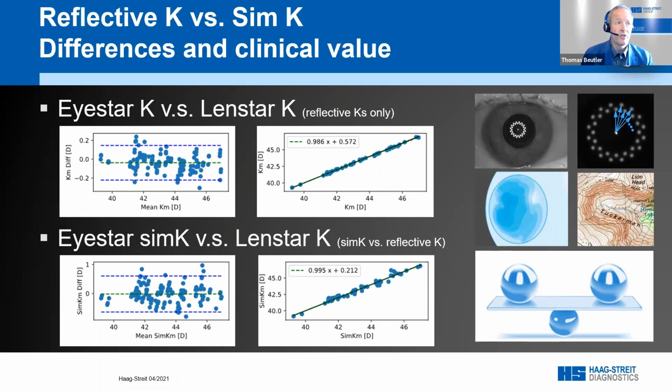So we have a correlation which is almost perfect, but we can see that the spread in the Bland-Altman plot is much bigger. And that's what I mean when I say that the individual differences might be bigger if you compare sim case to real case or to reflective keratometry. And that's why we've chosen to also implement reflective keratometry in the Eyestar.